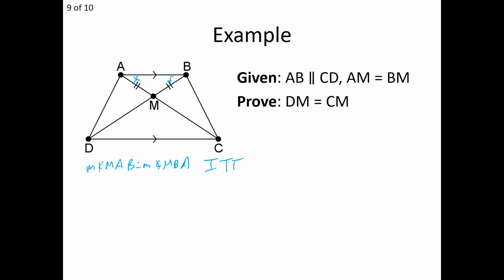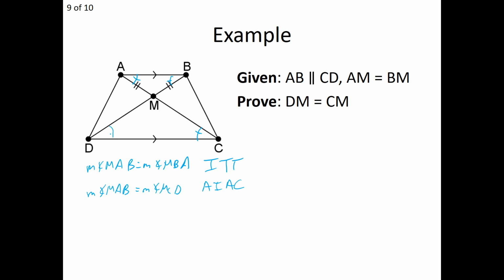Where am I going to go with this then? Well, I'm going to take a look at some other angle relationships. In particular, take a look at angle MAB and angle MCD. Notice what their relationship is since those lines are parallel. Those are alternate interior angles, which means I can claim the measure of angle MAB is equal to the measure of angle MCD, and that is by the AIAC, because the lines are given as parallel, so by consequence I know the alternate interior angles are equal.